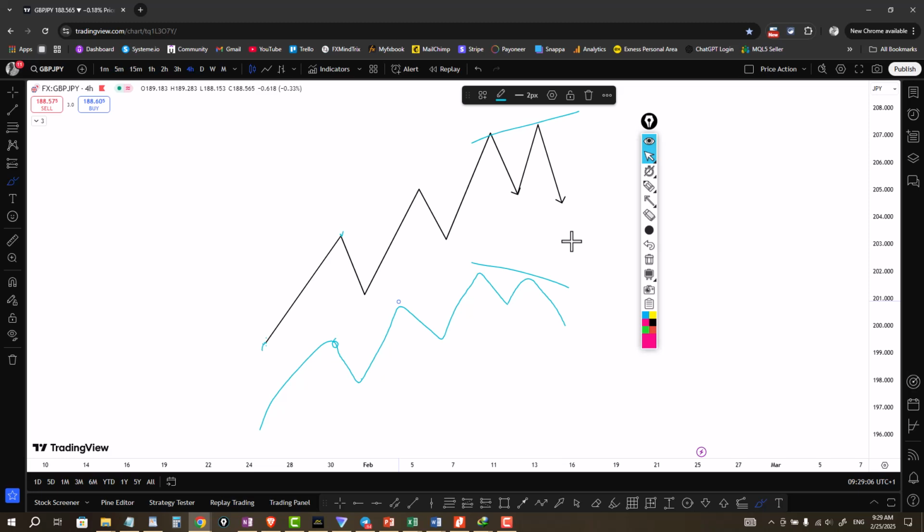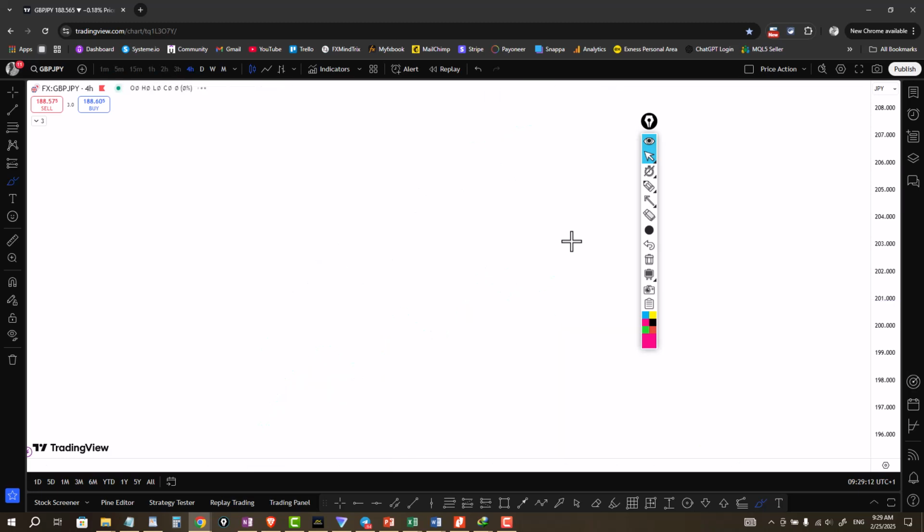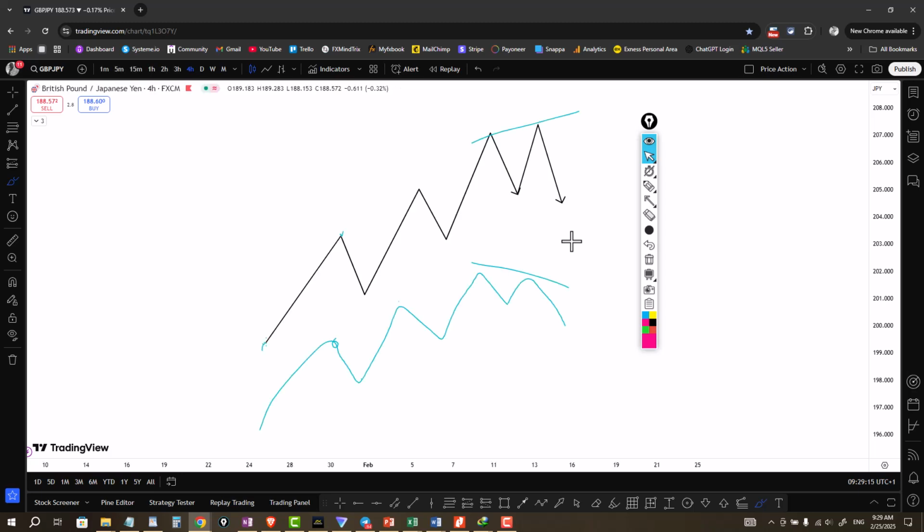There's always going to come a point in time where the momentum behind that particular trend is going to start dying off, and then price is either going to reverse or consolidate, but the trend is not going to continue indefinitely. Okay, so regular divergences are used to identify potential reversals of a trend in the market.